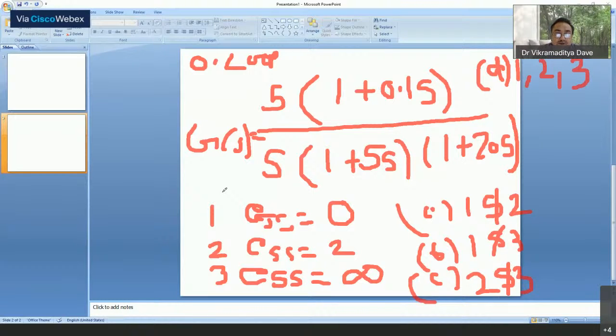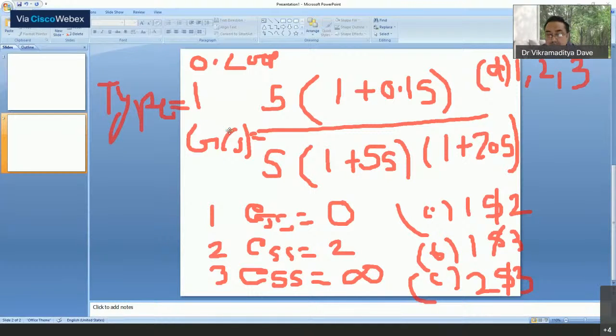Accordingly, we say what the type of the system is. Here you can see s is there, and this s is clearly indicating that one pole is lying at the origin for the open loop transfer function. So the type is 1. It is very clear the type of this system is 1.